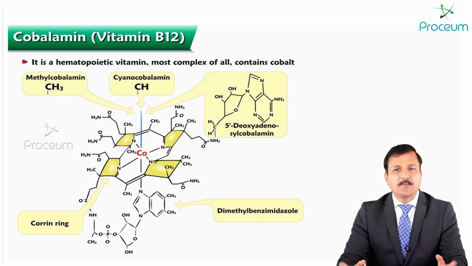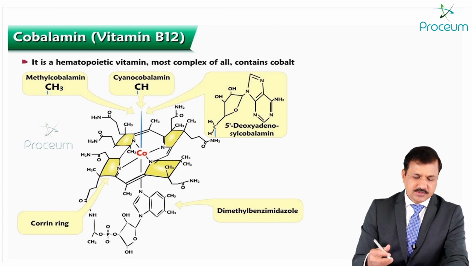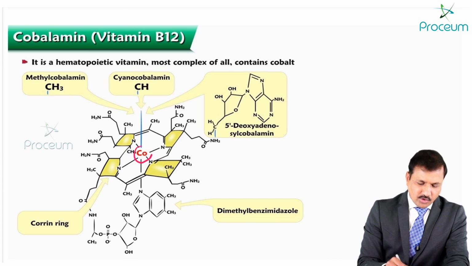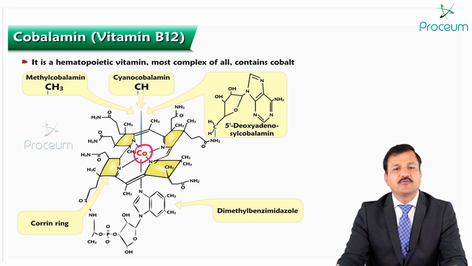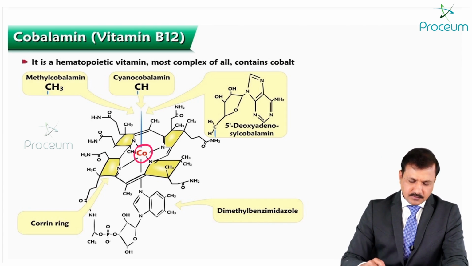And this is one of the complex vitamins of all water-soluble vitamins. Also, it is unique among all vitamins because it contains a cobalt atom in the center of the molecule, as you see here. And one of the roles of cobalt is that it is part of vitamin B12.